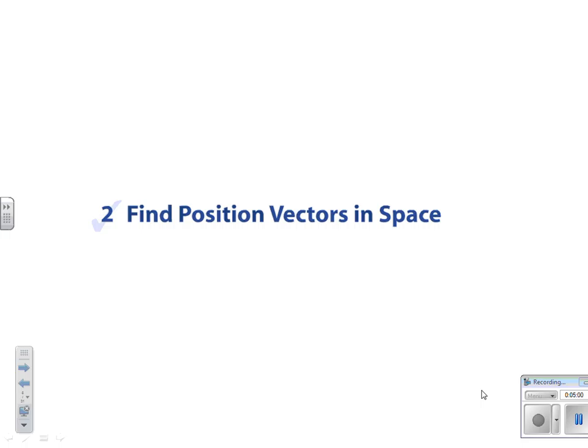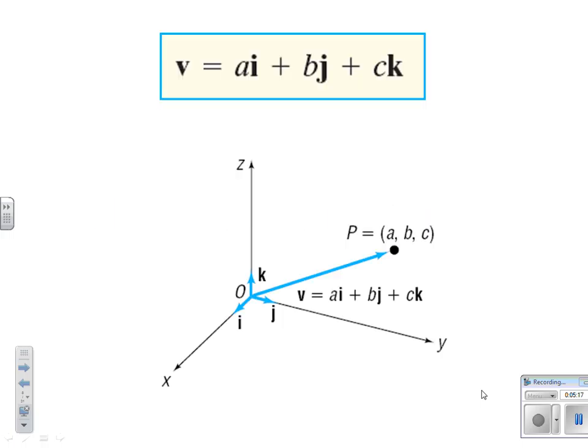All right, let's add the vector layer to our 3 dimensions. For a 2-dimensional vector, we had an i, we had a j, and if we follow the pattern, what is our 3rd dimension going to be? k. Okay. So our 3-dimensional vector is going to be ai plus bj plus ck.